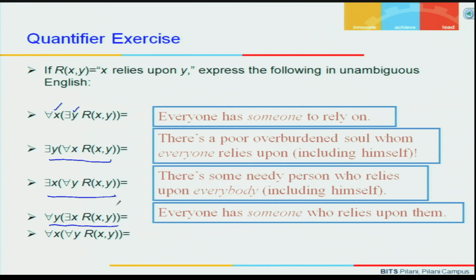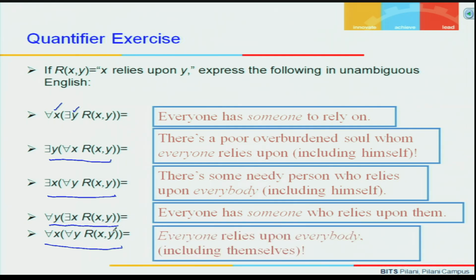And the last statement means for all x, for all y Rxy. It means that everybody relies on everybody else in the world. Not else actually, including themselves. Everyone relies upon everybody.